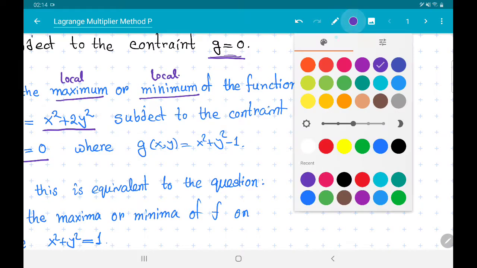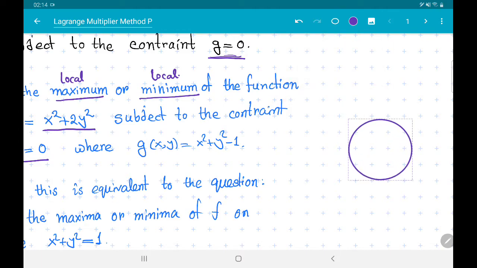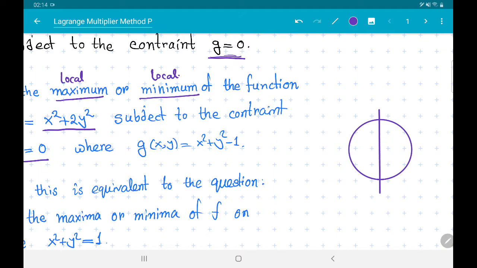Suppose we have x square plus y square equal to 1, which, as you know, represents a unit circle. So suppose that this is our unit circle and we have some kind of a coordinate axis. This is our x-axis, the vertical one is our y-axis, and suppose that the circle is given by the equation x square plus y square minus 1 equal to 0.